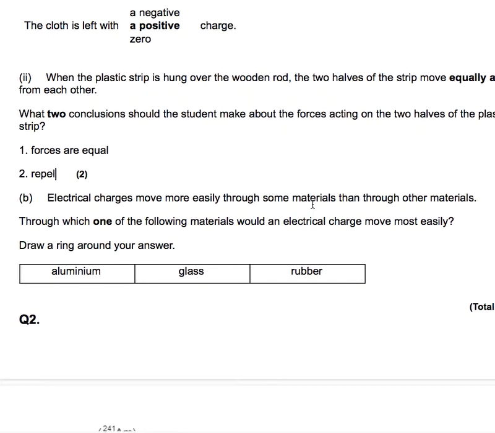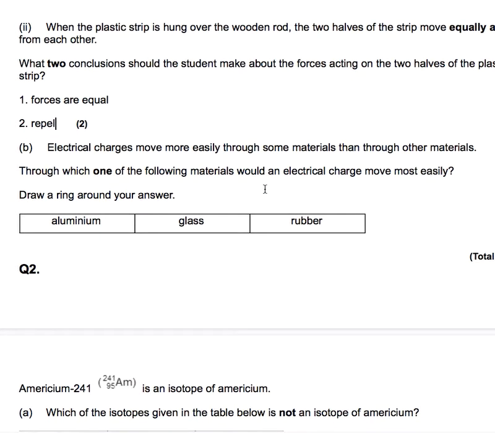So you might have thought about saying something like balanced. It's not quite enough. You need to say that they are equal, and you also need to say that because they move away from each other, the forces are repulsive. So that's exam technique as much as knowledge there.